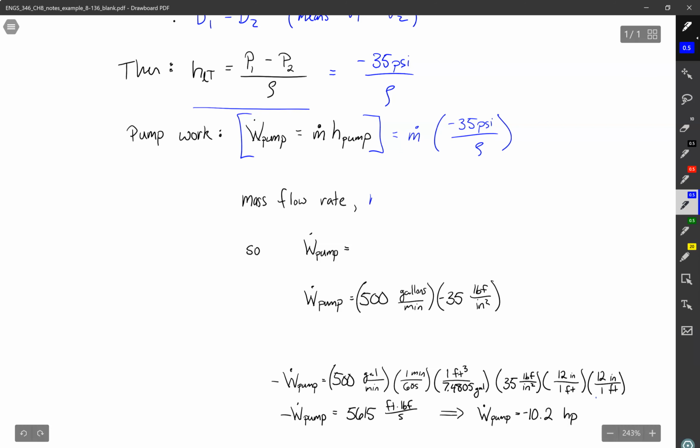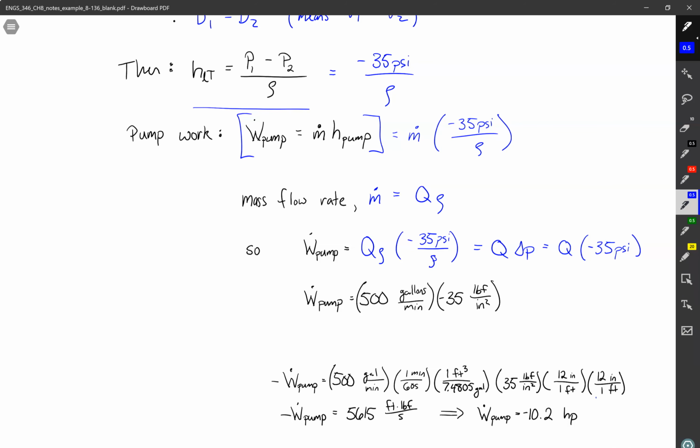The mass flow rate, m, the amount of mass per second, is the volumetric flow rate, Q, times the density. So this simplifies our life a little bit because we have Q times the density times minus 35 psi divided by the density. So the density terms will just cancel out, and we'll get Q times delta P, or Q times minus 35 psi.